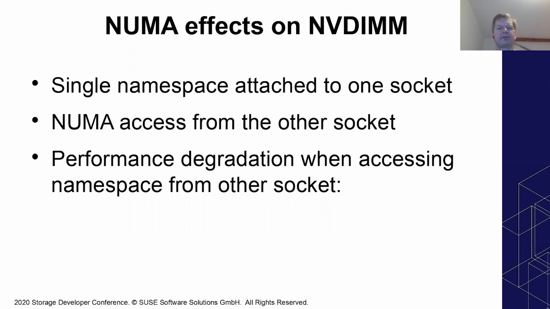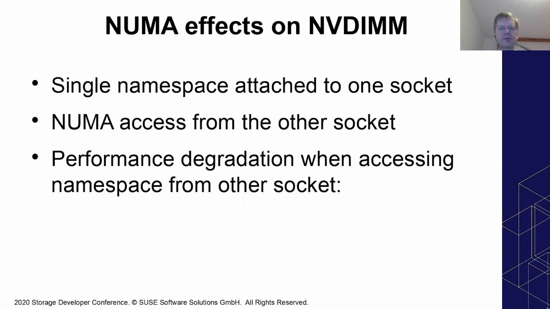The whole system was actually a dual socket. So we had accesses to the namespace either from the socket where the namespace is attached, but also from the other socket, which would need to go via the NUMA link to the first socket and then to the NV-DIMM. And this will lead to performance degradation when we access the namespace from the other socket.